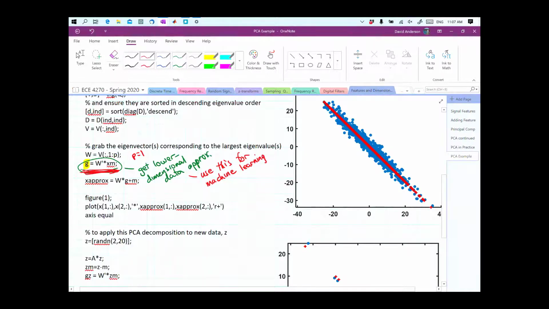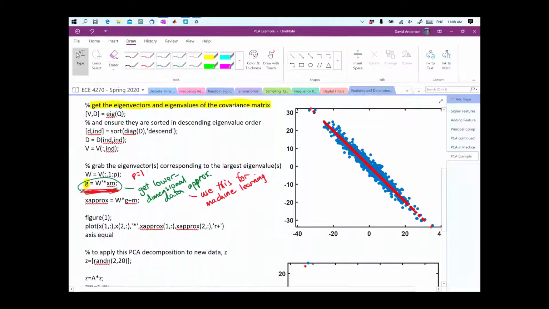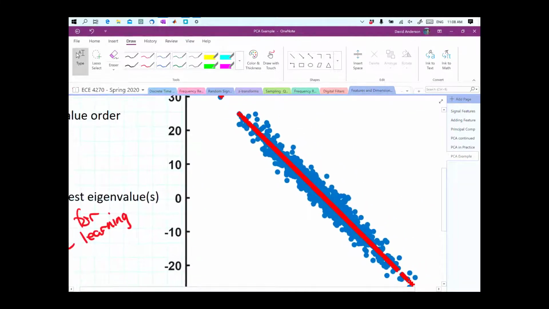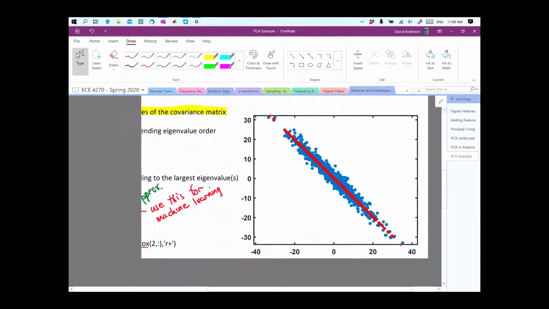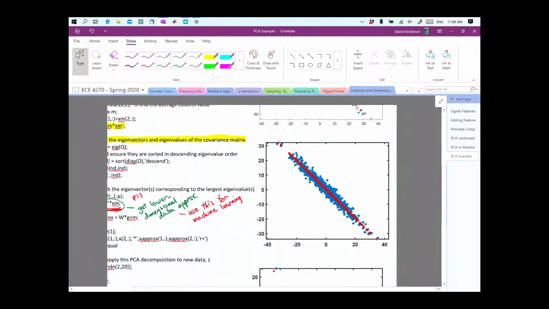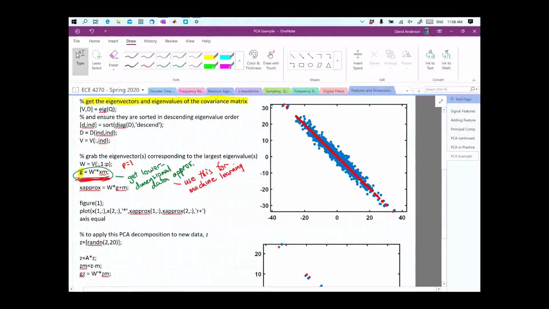And back into the full dimension, we have X approximately equals W times G plus the mean vector. And what I've plotted over here on the right is exactly that. So we have the original data in blue, and our approximation in red. Okay, so it's a pretty good approximation of the data. Kind of gets rid of the noise and goes in the right direction there.